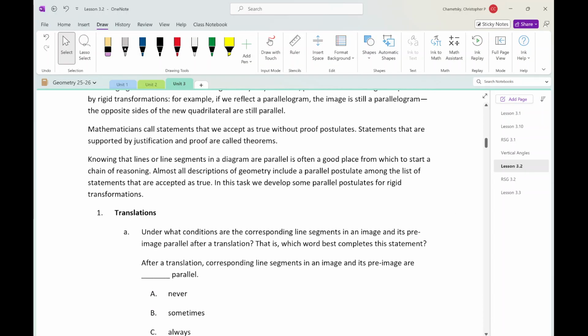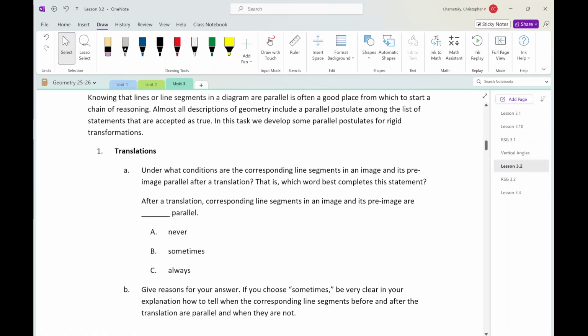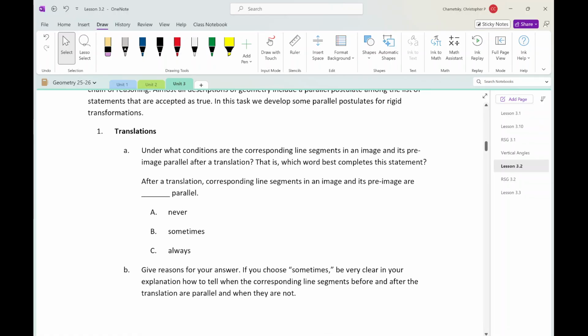So, I'll start with translations. Under what conditions are the corresponding line segments in an image and pre-image parallel after a translation? That is, which word best completes the statement? After a translation, corresponding line segments in an image and pre-image are sometimes parallel, never parallel, or always parallel. Well, let's take a look at what happens.